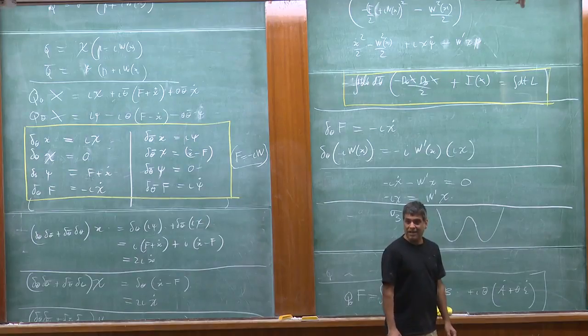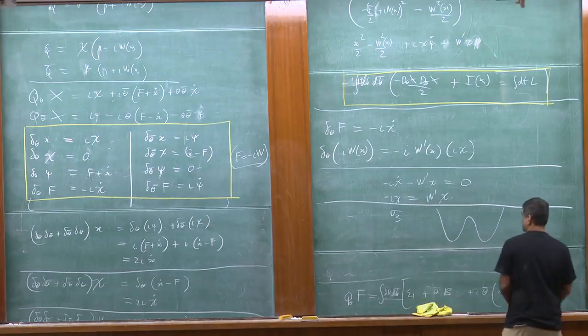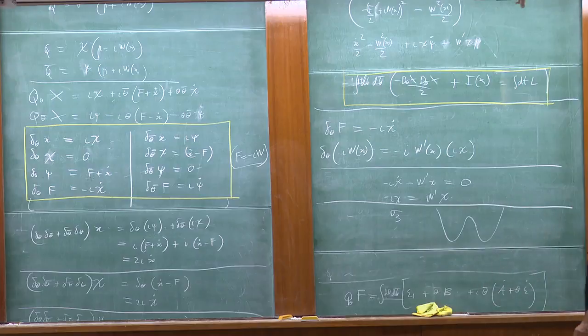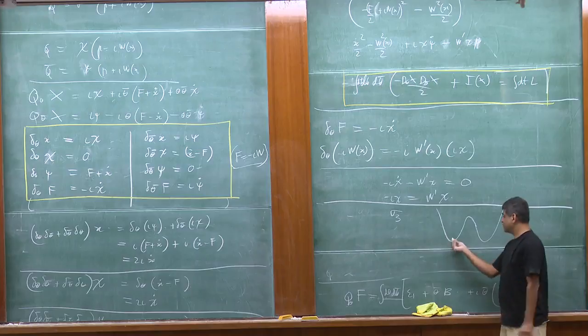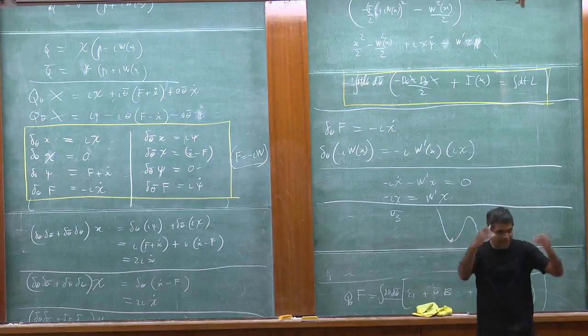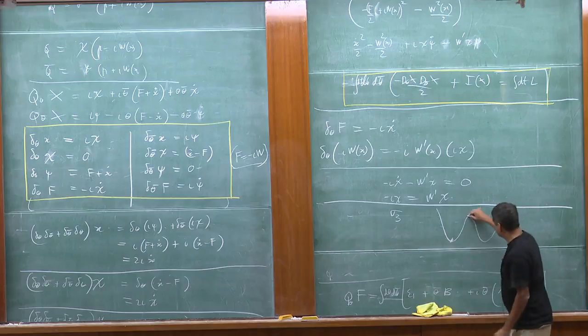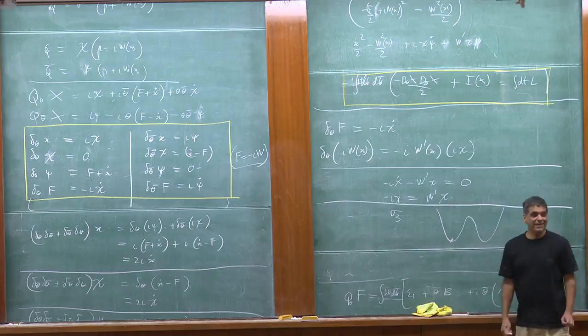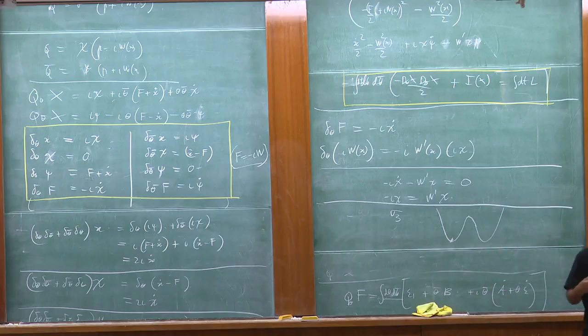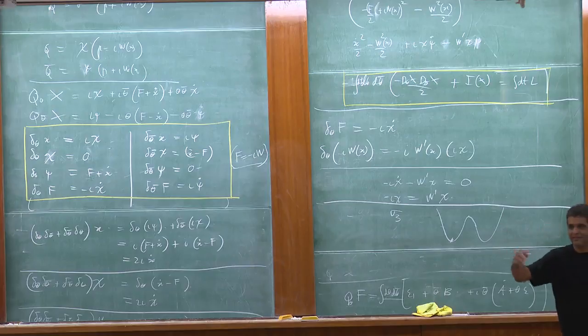So the question will be to try to compute the lifting, the breaking of supersymmetry. You could do it in many ways, but one interesting way would be to use instantons. There will be an instanton that will break the supersymmetry.